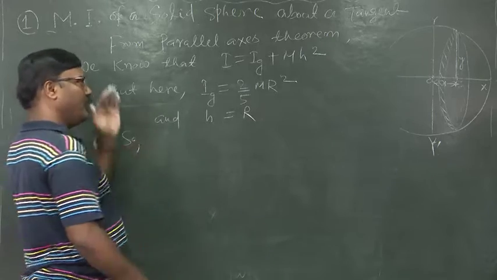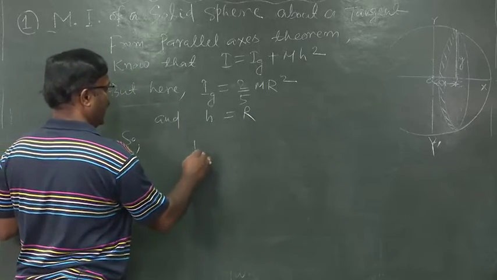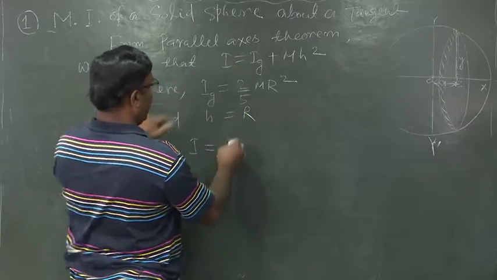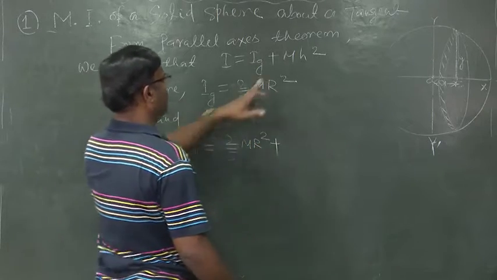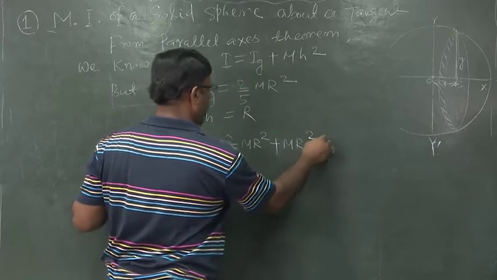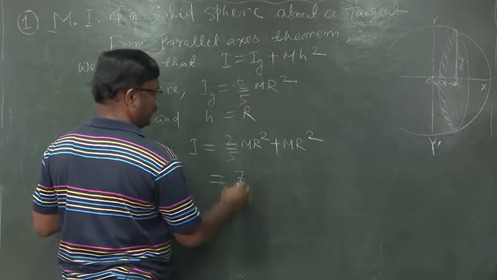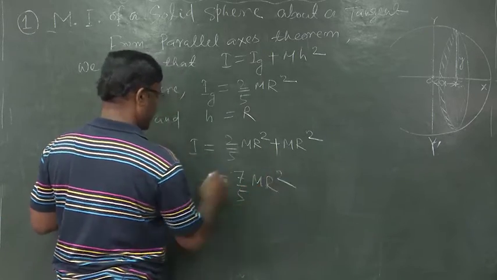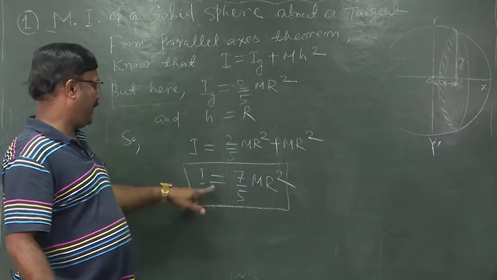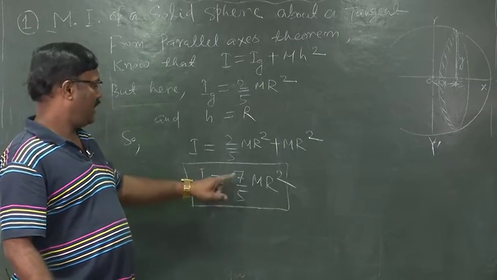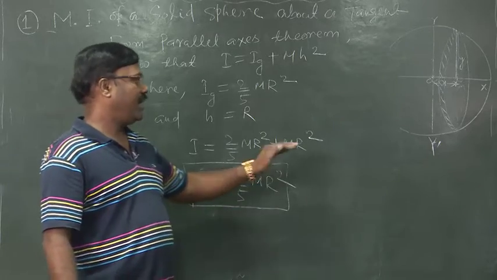So, the moment of inertia of the solid sphere about the tangent is I is equal to Ig, that is 2 by 5 m r square plus m r square, and this can be written as 7 by 5 m r square. Thus, the moment of inertia of a solid sphere about a tangent is 7 by 5 m r square.